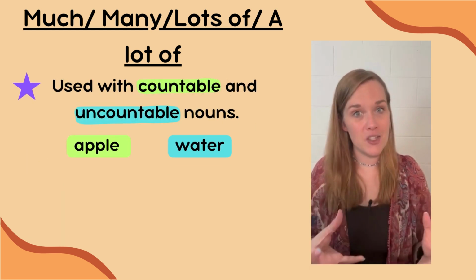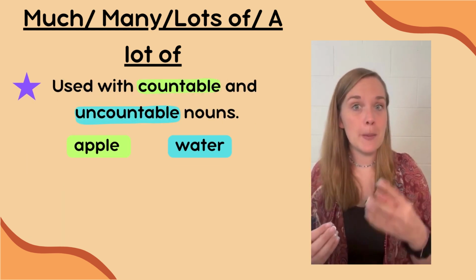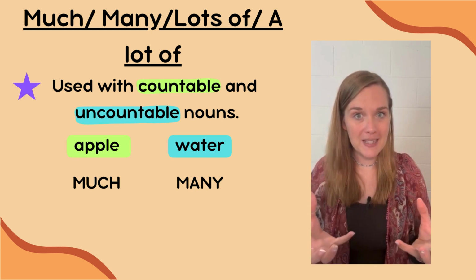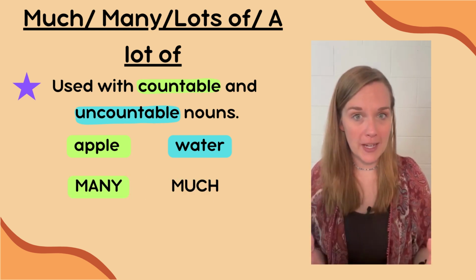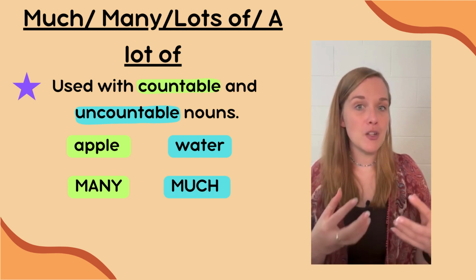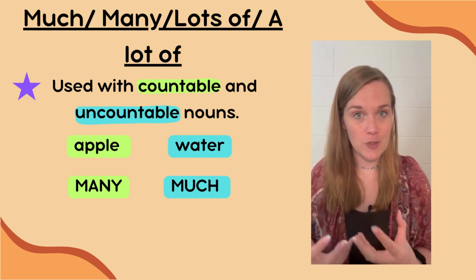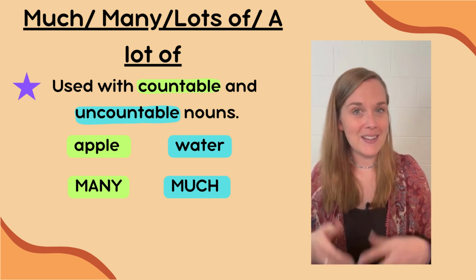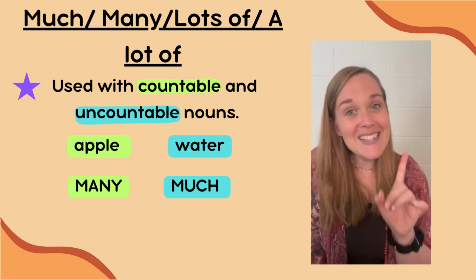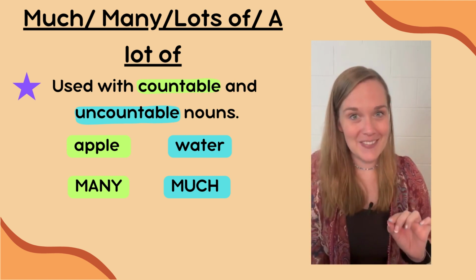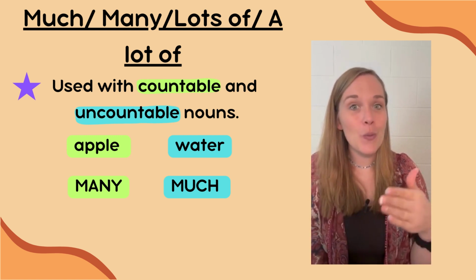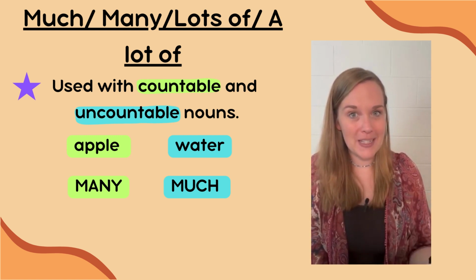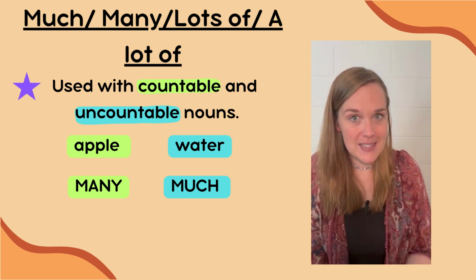So, in a nutshell, if we introduce much and many, many is used with countable nouns and much is used with uncountable nouns. Easy? Well, it's a little bit more complicated than that, and we are going to look at the rules with when we can use much and many in what type of sentences.